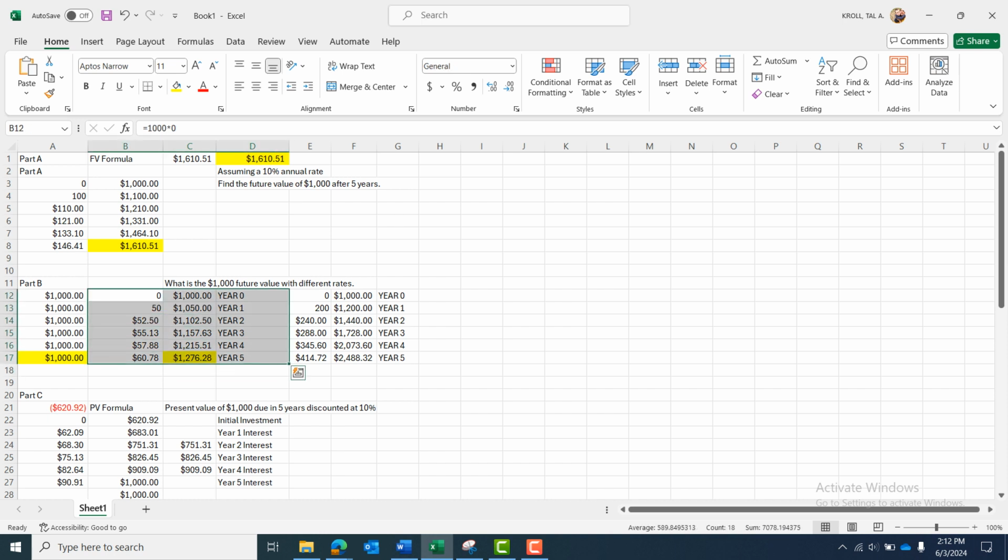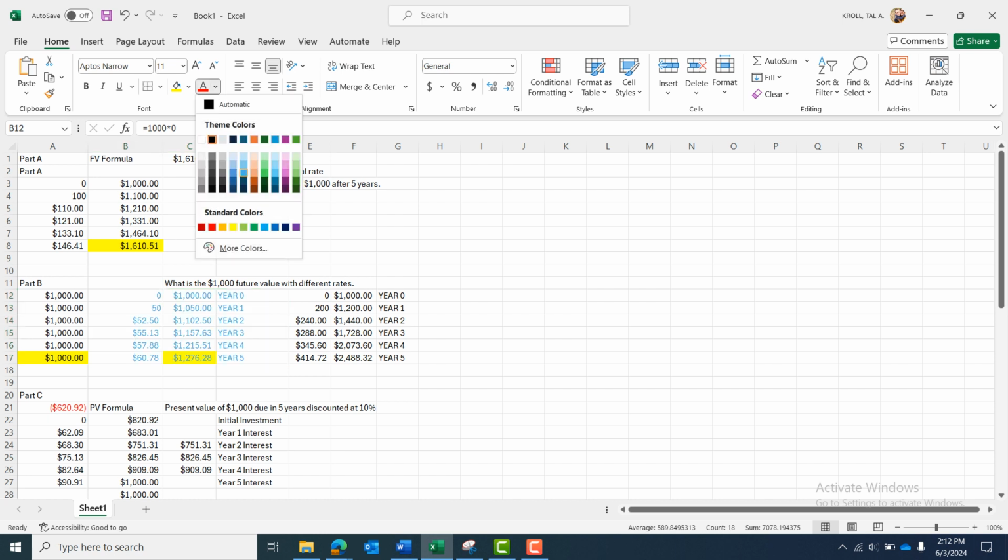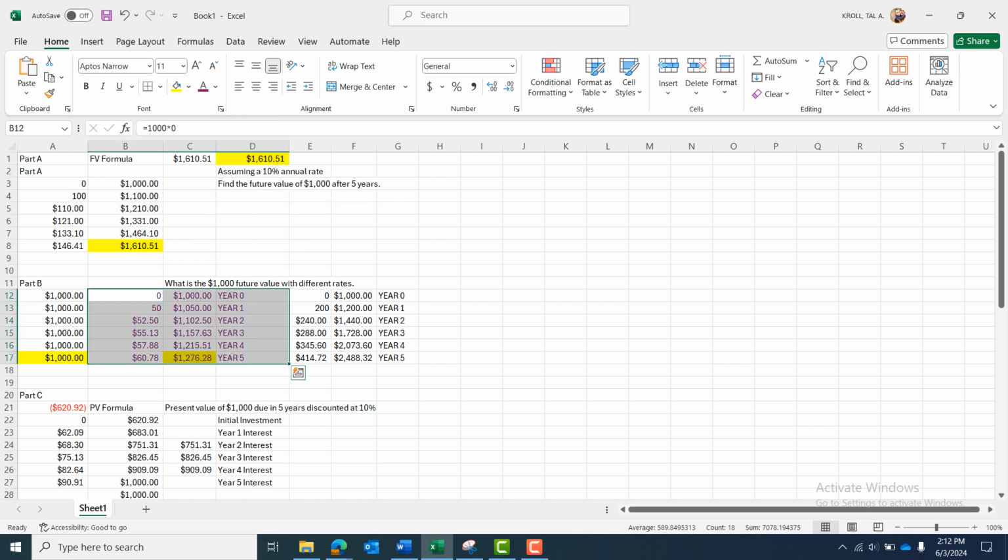And here's the full chart. This is one answer right here, these highlighted together. I put them in a different color so you can see that they're a different answer. That is the total investment value after 5 years at 5%, because manually what's happening is I'm taking my $1,000, I'm earning 5% on the first year, which is $50, adding it to my investment.